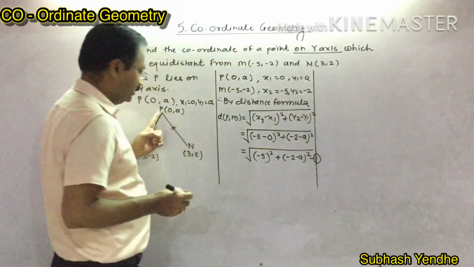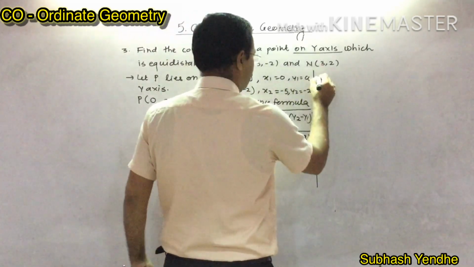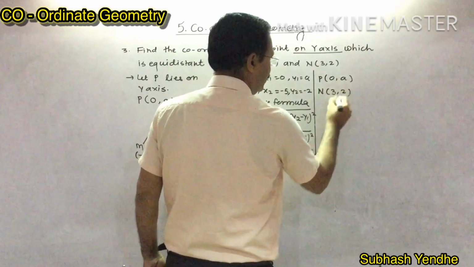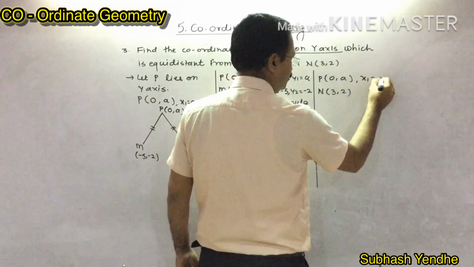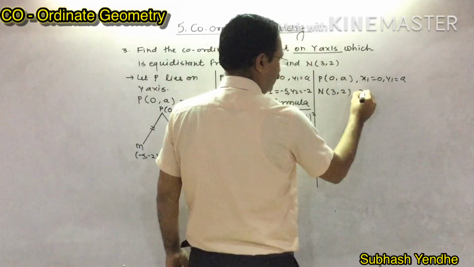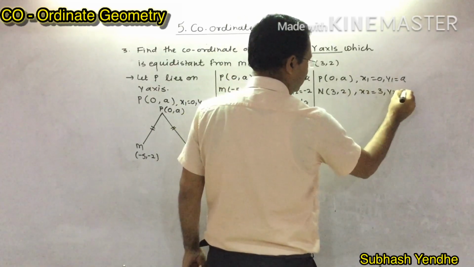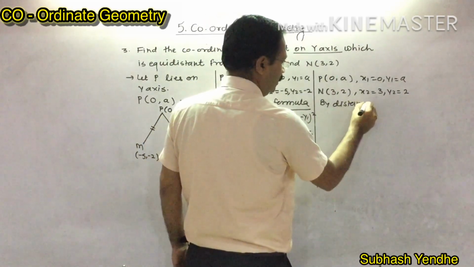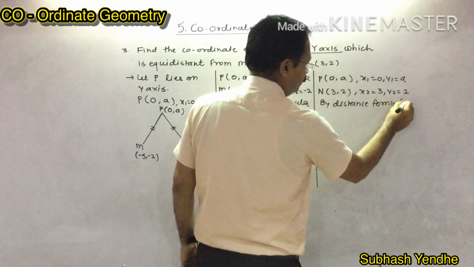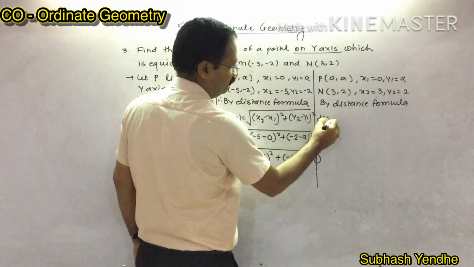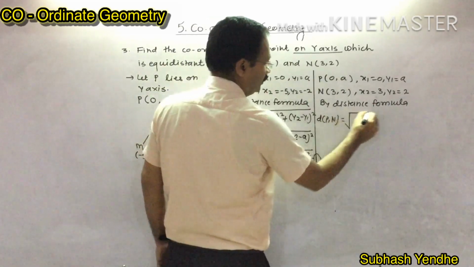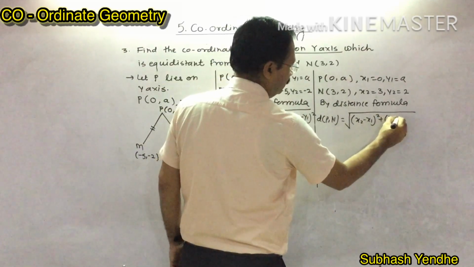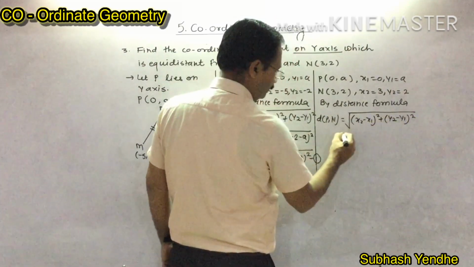Now you have to find the distance PN. P's coordinates are 0 and a. N's coordinates are 3 and 2. So x1 equals 0, y1 equals a, x2 equals 3 and y2 equals 2. Then again by the distance formula, distance PN equals under root x2 minus x1 the whole square plus y2 minus y1 the whole square.